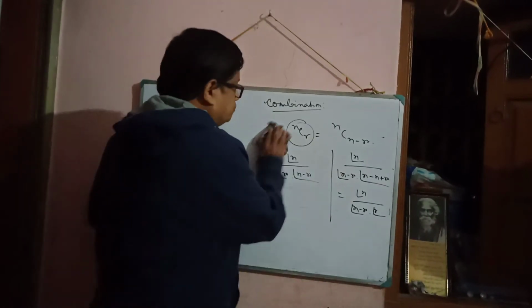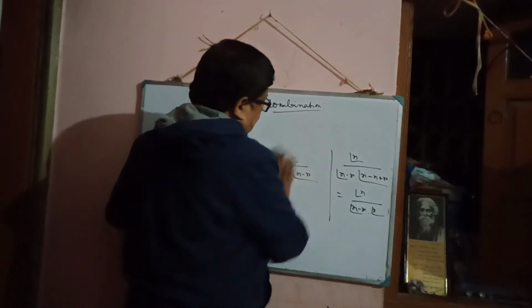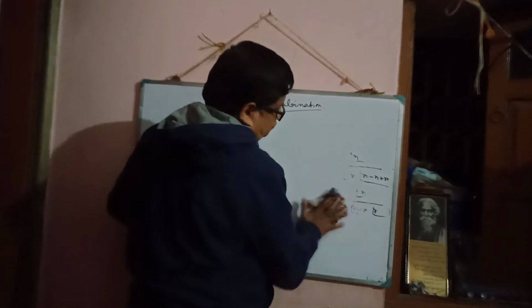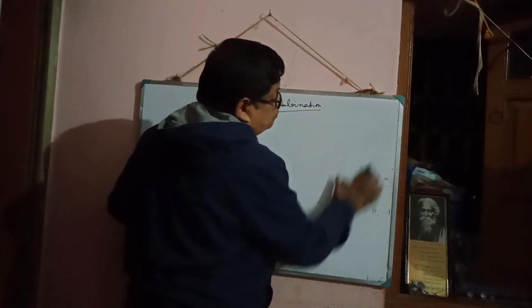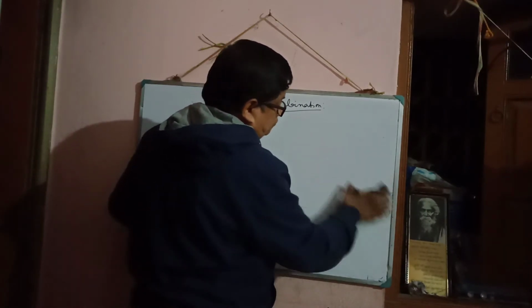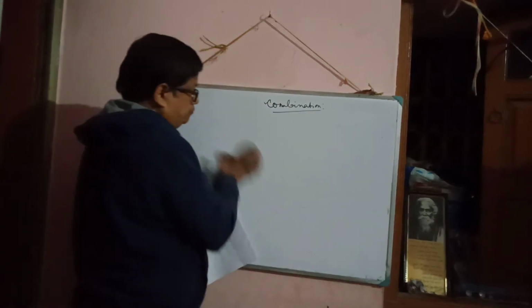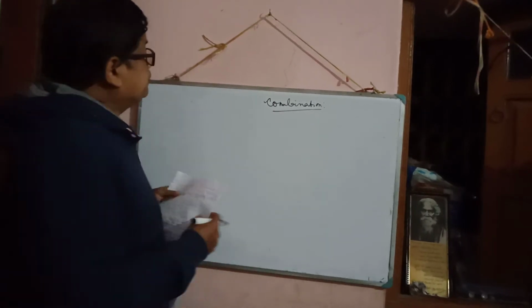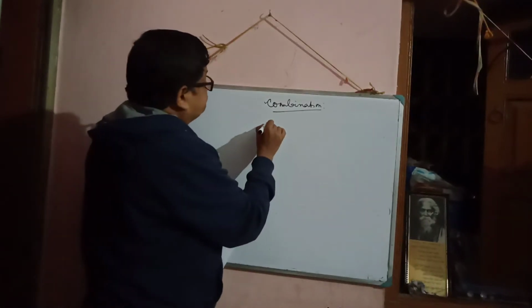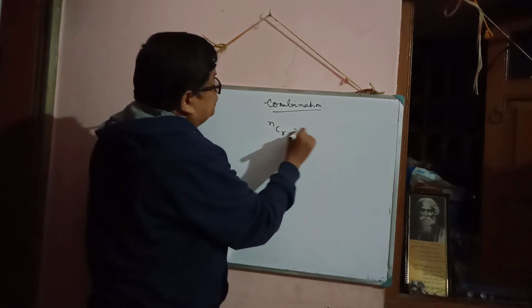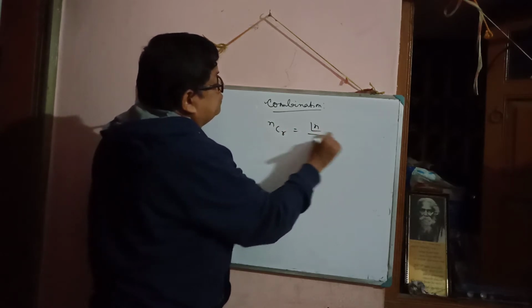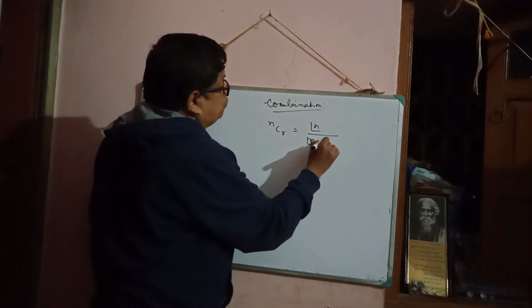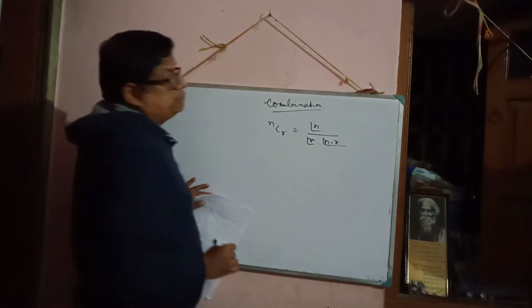Next one, nCr equals n factorial by r factorial into n minus r factorial.